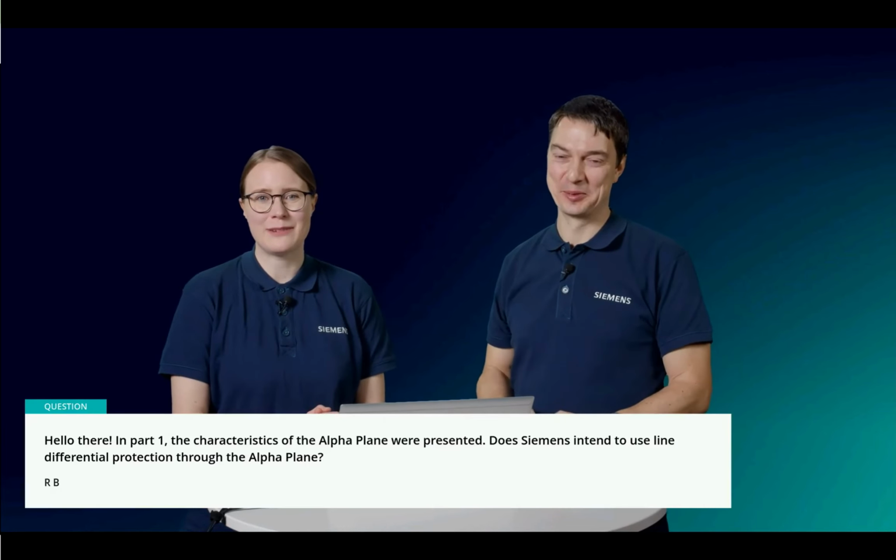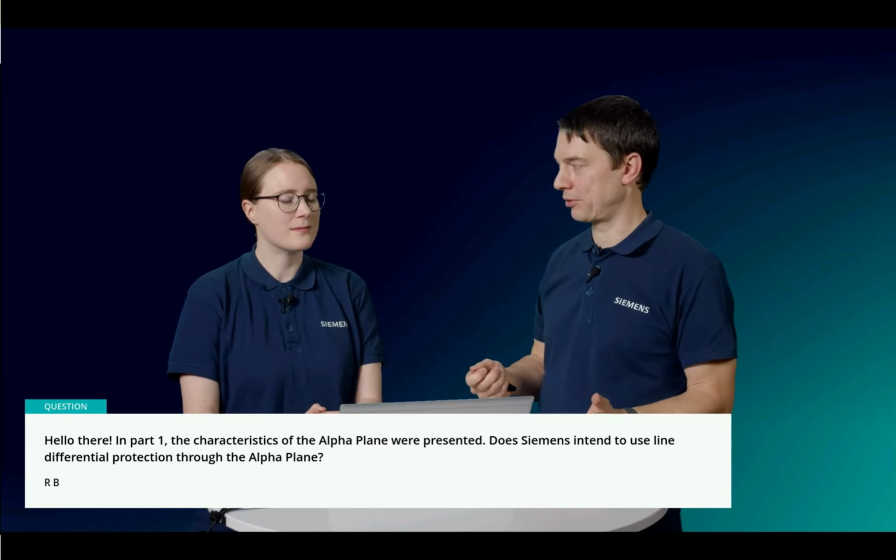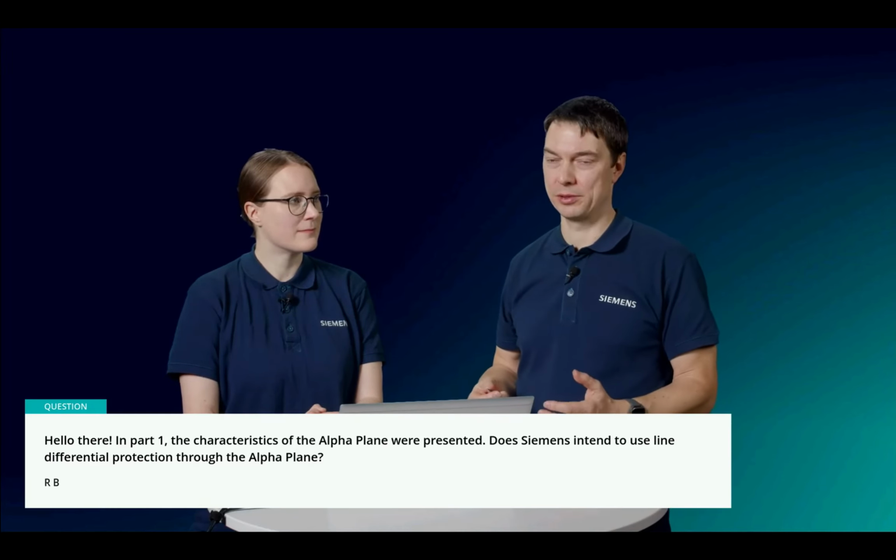Hello there. In part 1, the characteristic of the alpha plane was presented. Does Siemens intend to use differential protection through the alpha plane? No, we don't. In this webinar session, I wanted to express the different characteristics which are available in the market. So the dual slope characteristic, our adaptive principle, then the alpha plane, and I think it was also phase comparison, which I presented.